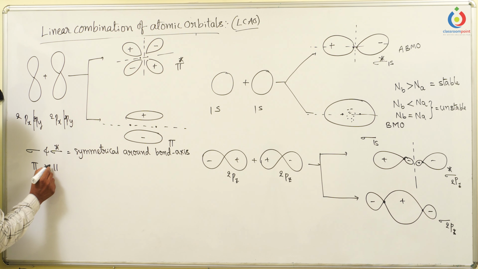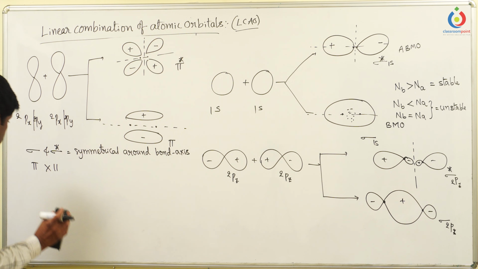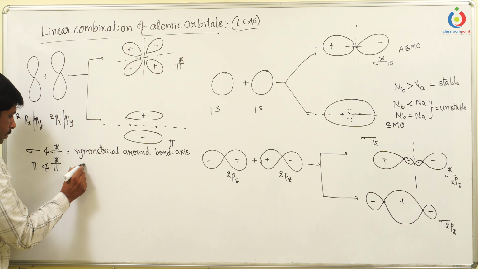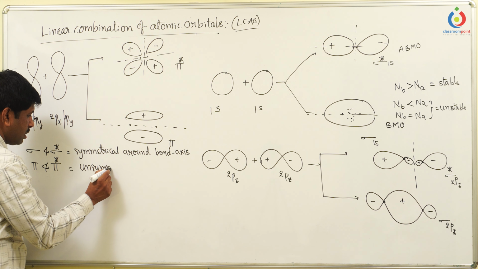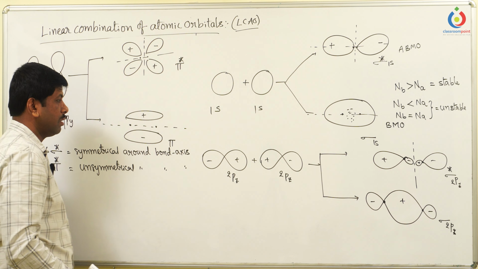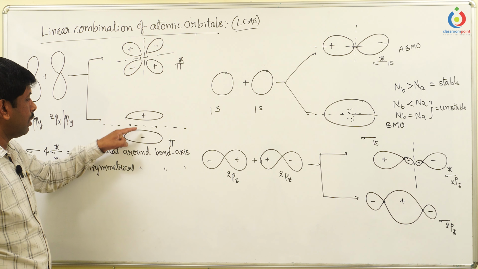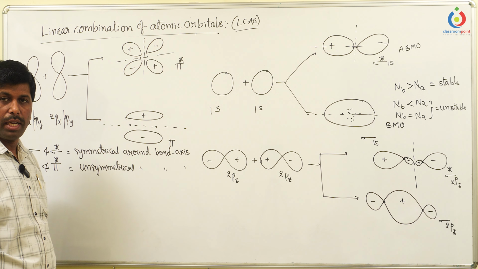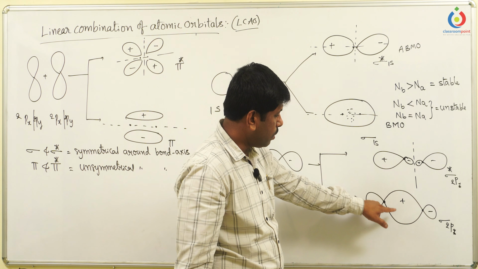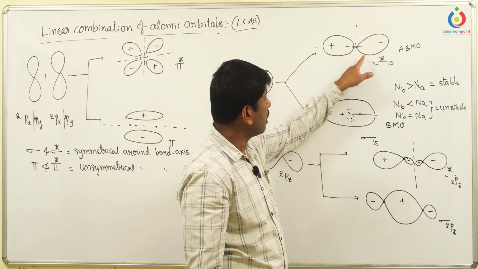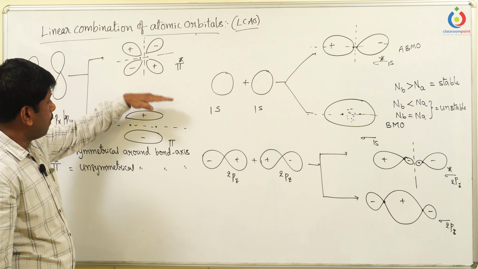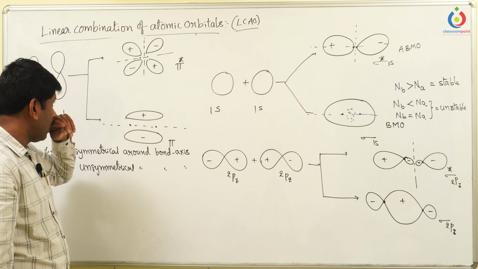Both pi and pi star are unsymmetrical around the bond axis because of the presence of different signs, plus above and minus below the plane of the bond axis. And what about the number of nodal planes? Sigma orbitals don't have any nodal planes. Sigma star orbitals have one nodal plane perpendicular to the bond axis. Pi orbital, one nodal plane is there. Pi star orbital, two nodal planes are there.